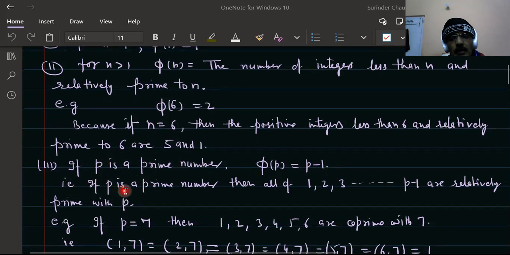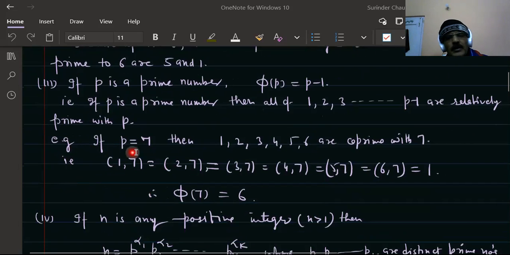For example, if p is a prime number, then all the integers less than p, that is 1, 2, 3, up to p minus 1, are relatively prime to p. Therefore phi p is equal to p minus 1. An example: if p is 7, 7 is a prime number.